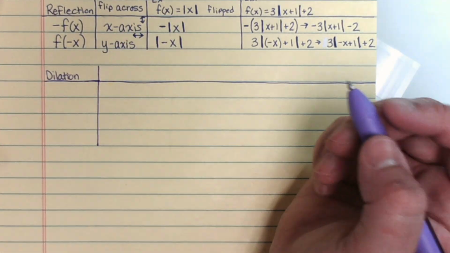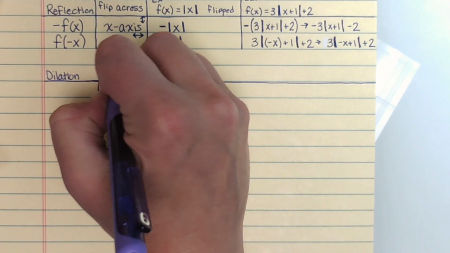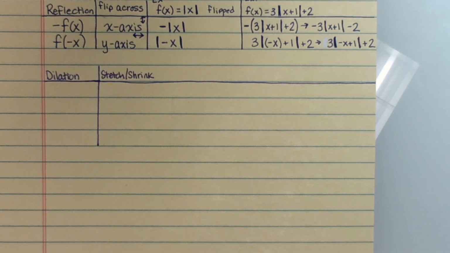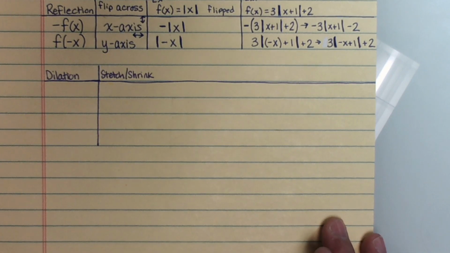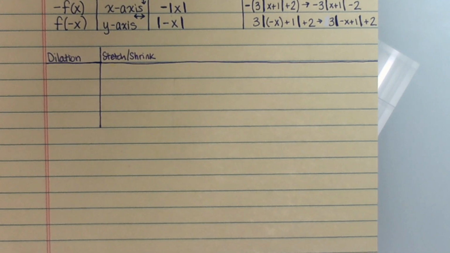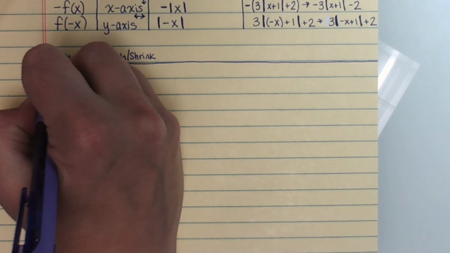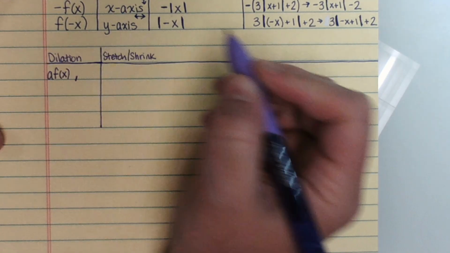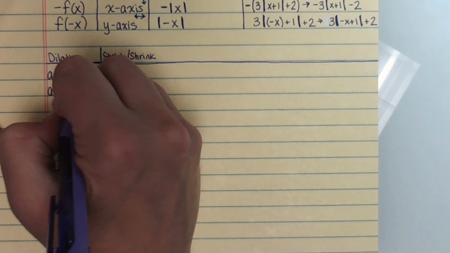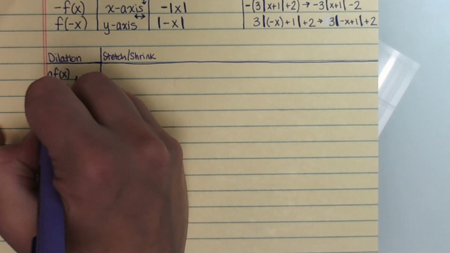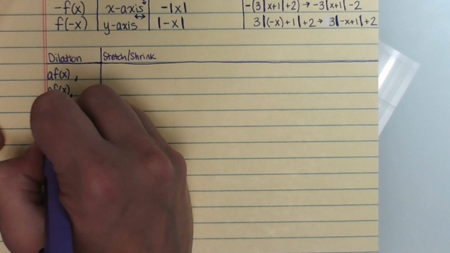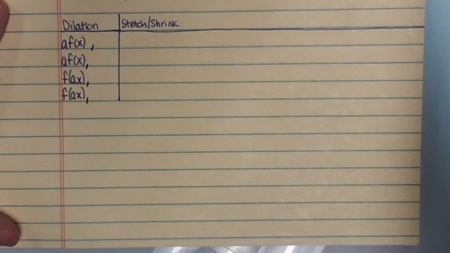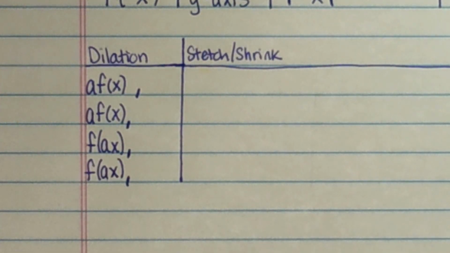A dilation is a stretch or a shrink. Now, when you look at the basicness of what they tell you to do for a dilation, the functions themselves don't seem like there's 4 different versions.